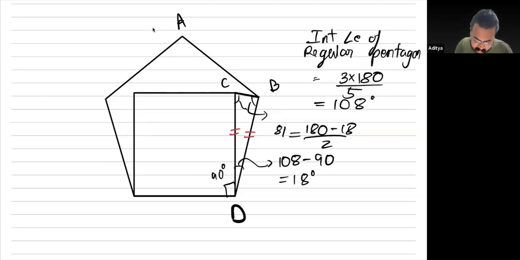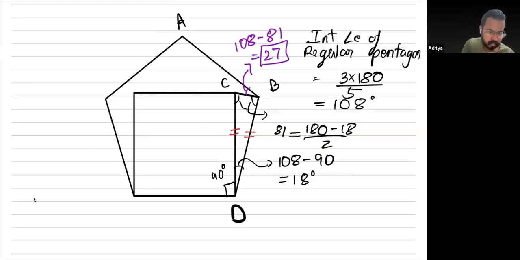And this remaining angle over here will be 108 minus 81, which is equal to 27. Is it fine? No doubts, I hope.